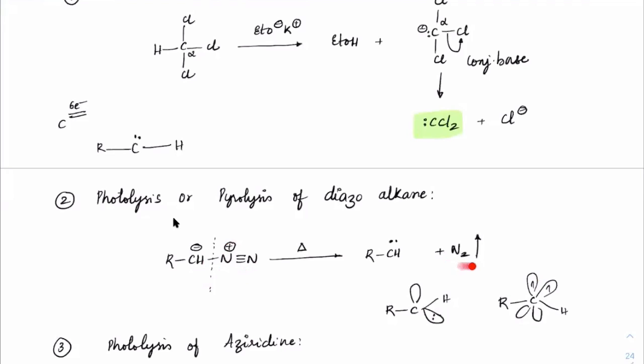Its bond dissociation enthalpy is 910 kilocalories, which is huge. So it would always try to exist as N2 rather than connecting with any alkyl group. The minute you provide some amount of heat, it immediately comes out as N2. So that carbon, although it has an incomplete octet, has no alternative but to exist in a singlet or a triplet form.